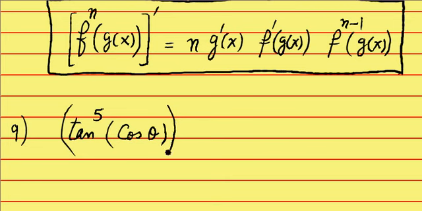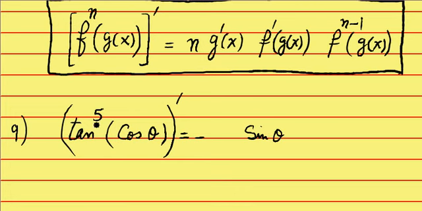We want to differentiate this. So again, this is a triple layer function. Derivative of cosine is going to be minus sine. I park the minus up front here, sine of theta.